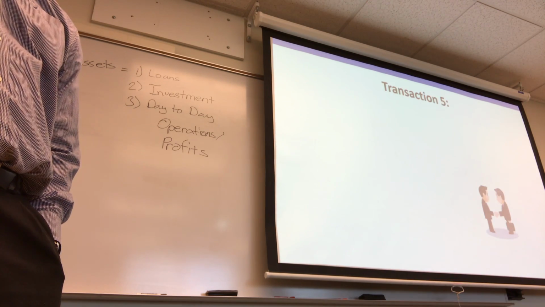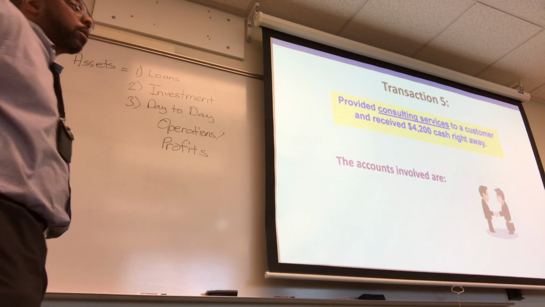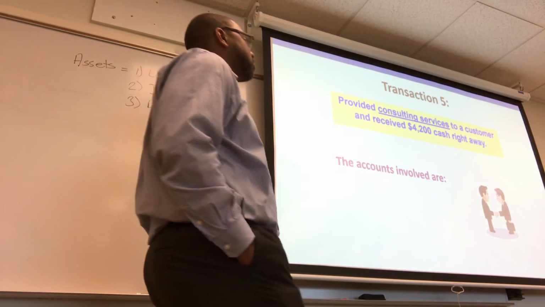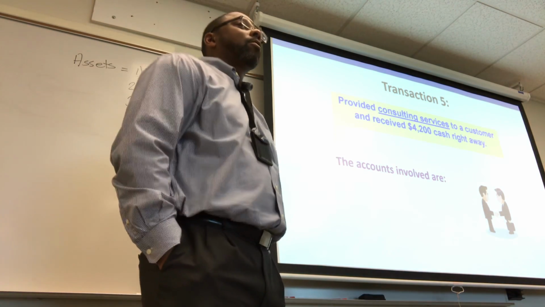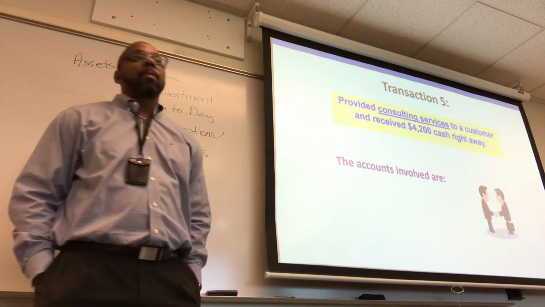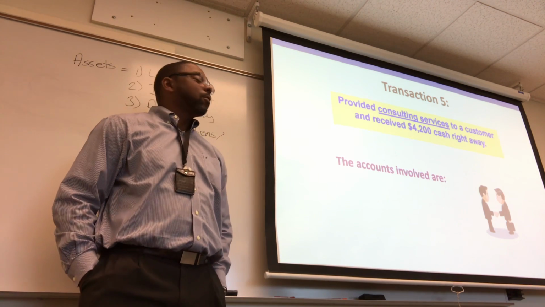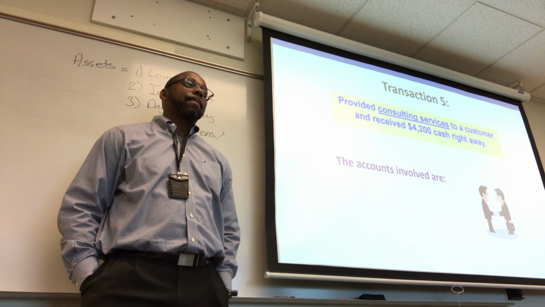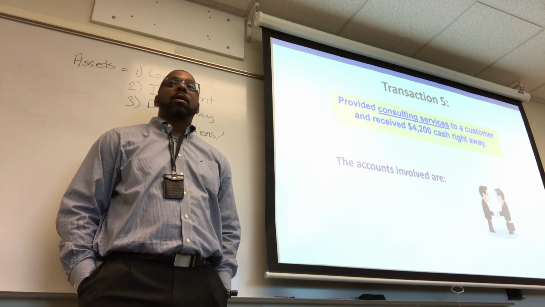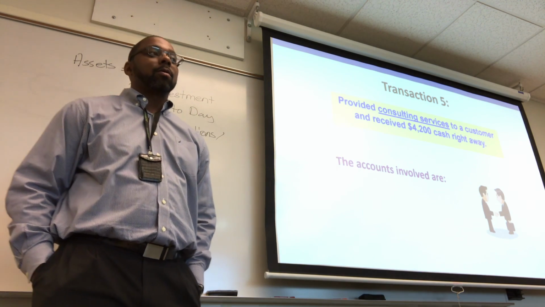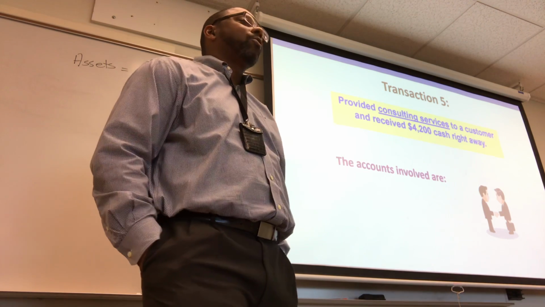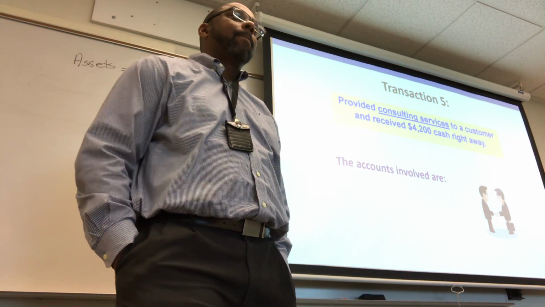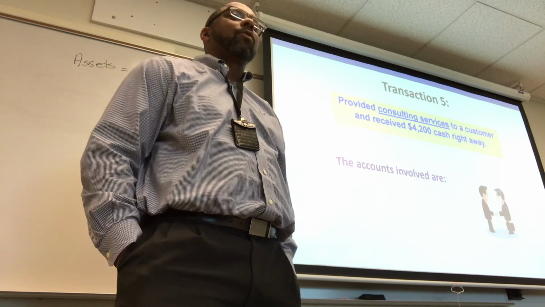Our next transaction, the company is going to provide some consulting services to a customer and receive $4,200 for it. So when they receive cash, cash is what type of account? Asset. Did it increase or decrease? Increased. And what do we receive the cash for? Consulting services.